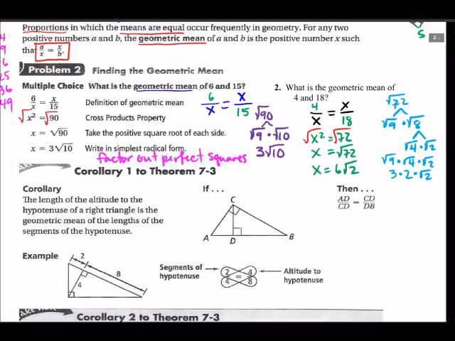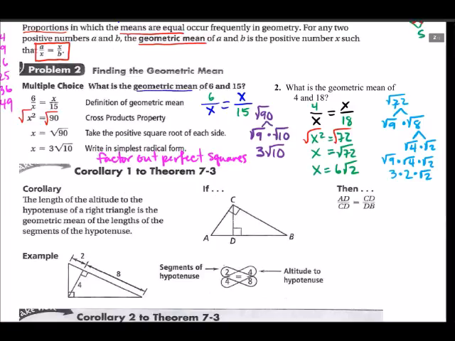Now I have to put 72 in simplest radical form. So I factored 72. I got the square root of 9 times the square root of 8, because 9 is a perfect square that goes into 72. And then I checked 8. 8 is made up of a perfect square, so the square root of 4 times the square root of 2.